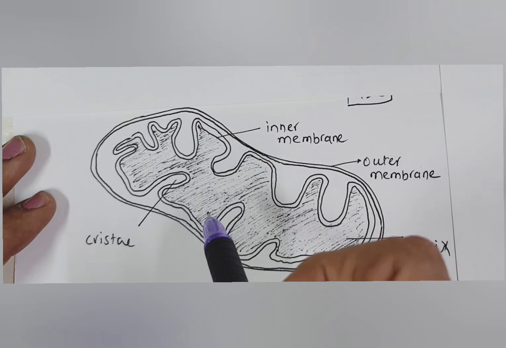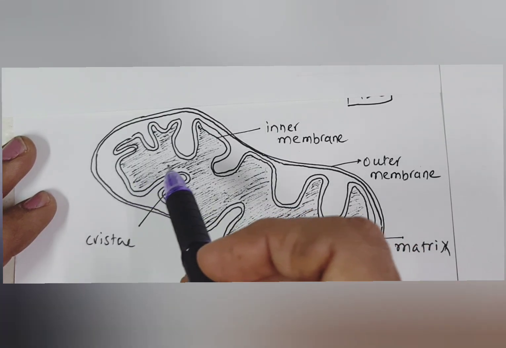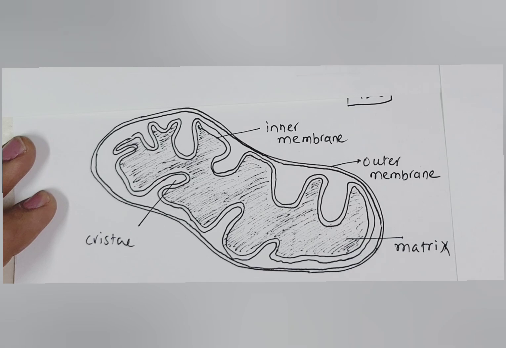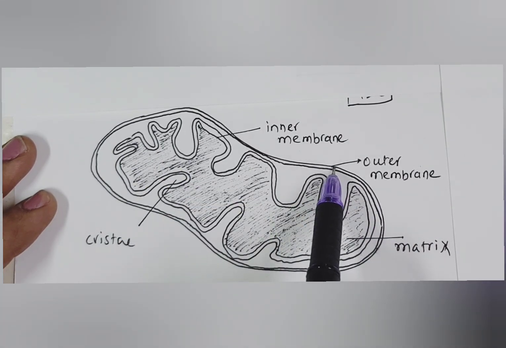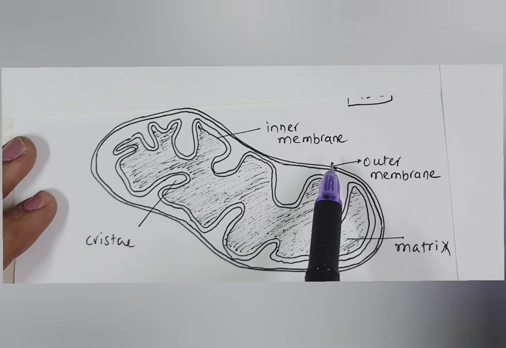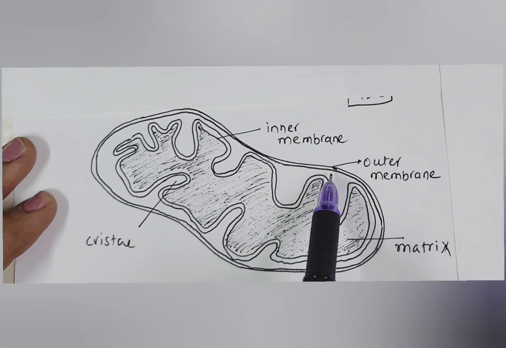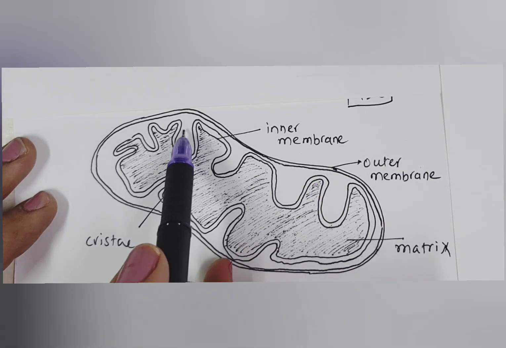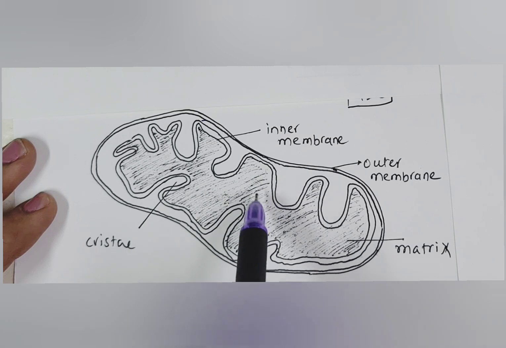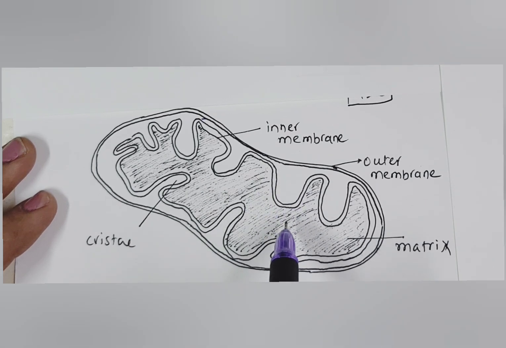Now, this is the structure of mitochondria. It has a bilayered membrane. So it has 2 layers of the membrane. Outer membrane, this is the outer one, this one. It is smooth, okay, and it has enzymes for biological oxidation. And inner membrane, you can see here, it is folded, and these folds are known as cristae.